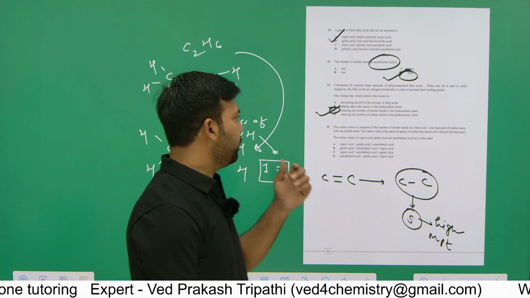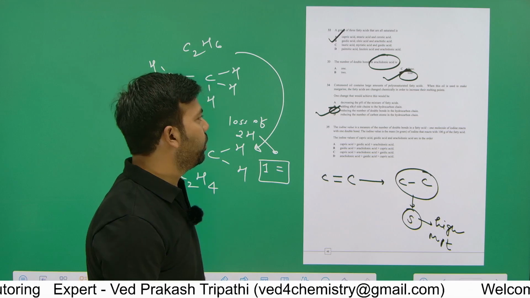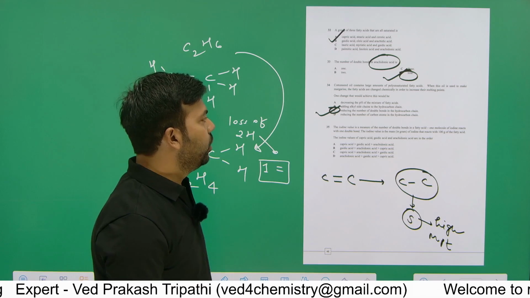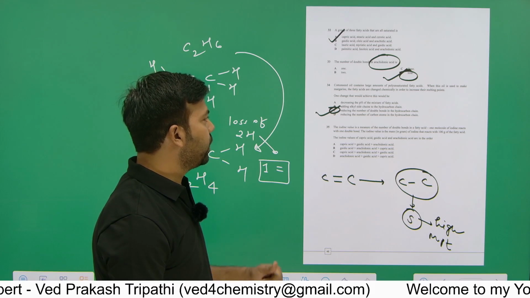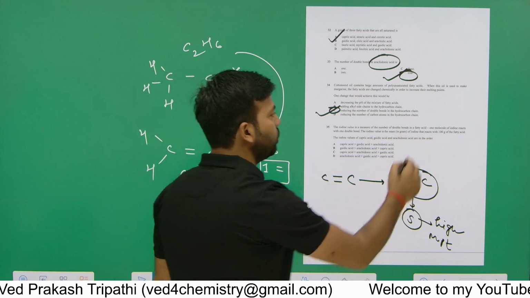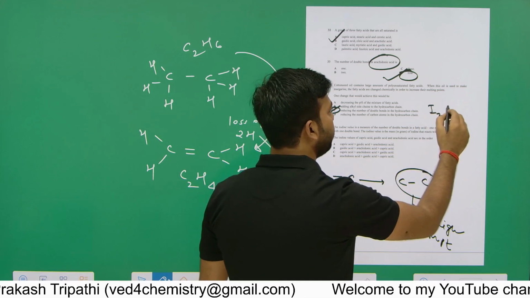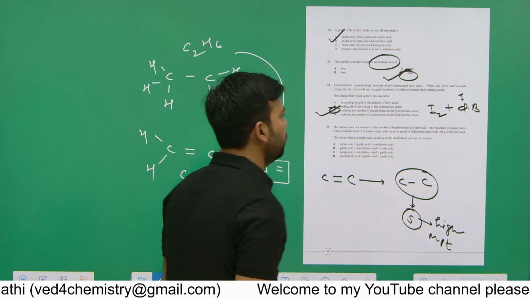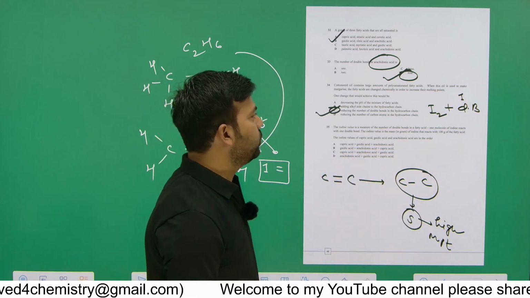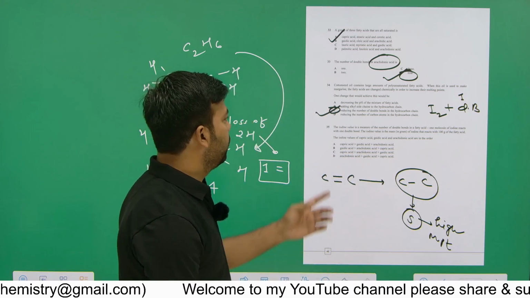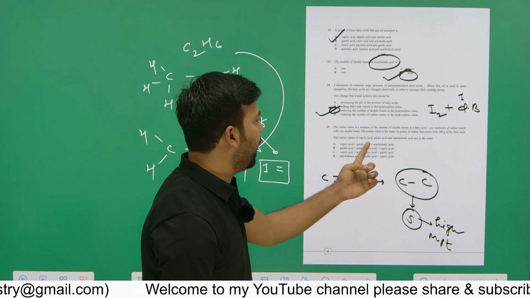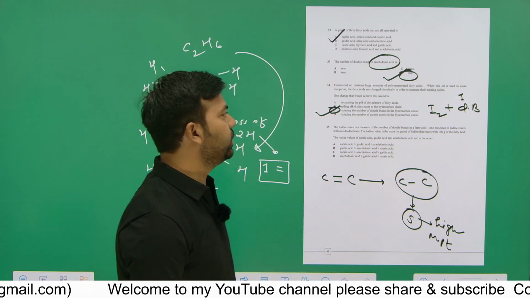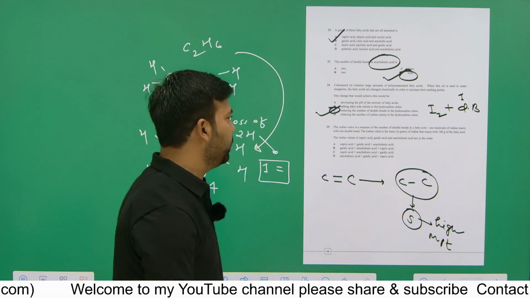Now 35. The iodine value is a measure of the number of double bonds in a fatty acid. One molecule of iodine reacts with one double bond. So one iodine reacts with one double bond, and that is called the iodine value. So the iodine value of capric, gadoleic and arachidonic acid are in the order... Again, listen to me.